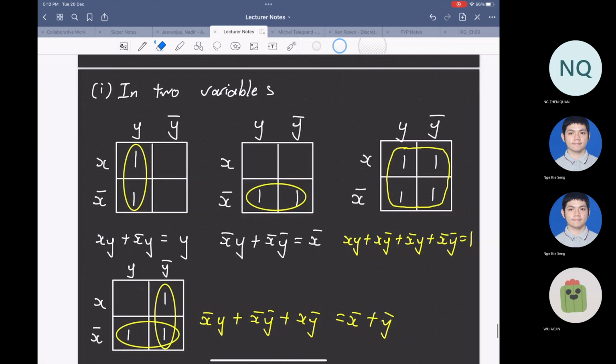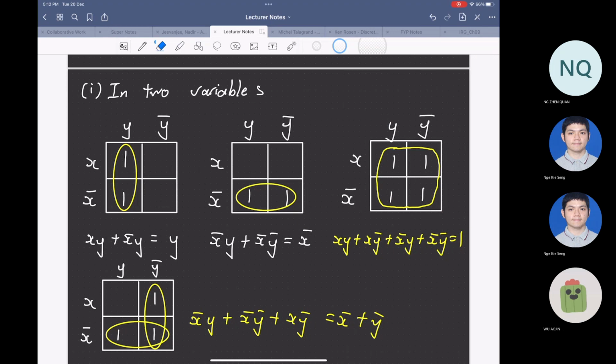For example, with two variables, how many cells do you have? You have 4 cells. So what are the possible blocks you could have? Of course, the simplest one is a block of 1.